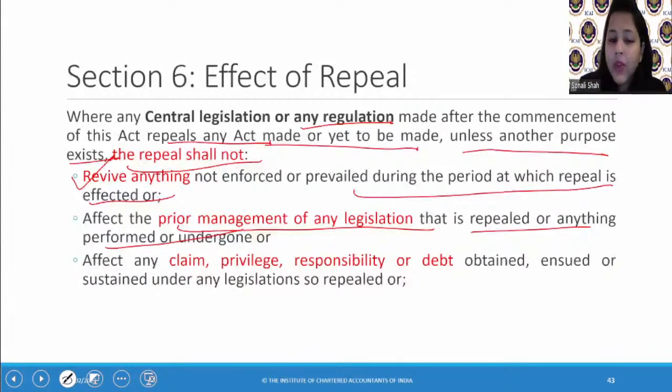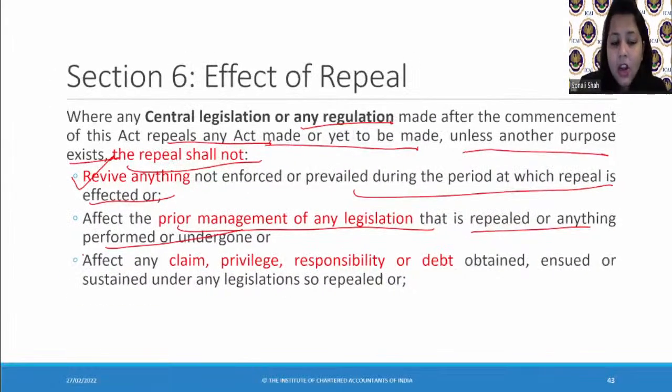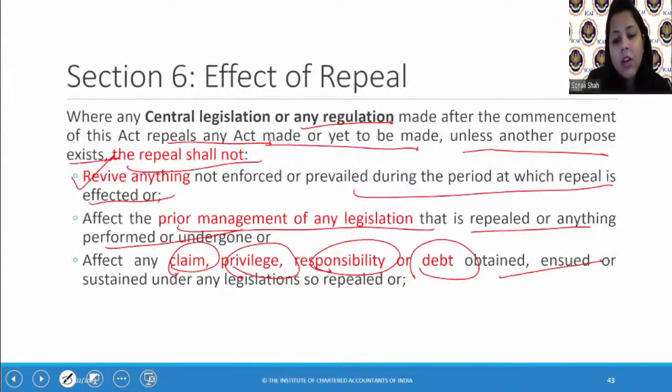So if something was done as per the previous legislation, which was valid, and now maybe under the new legislation it will become invalid, repeal will have no effect on that. Is that clear? Repeal shall not affect any claim, privilege, responsibility, or debt obtained, ensued, sustained under any legislation so repealed.